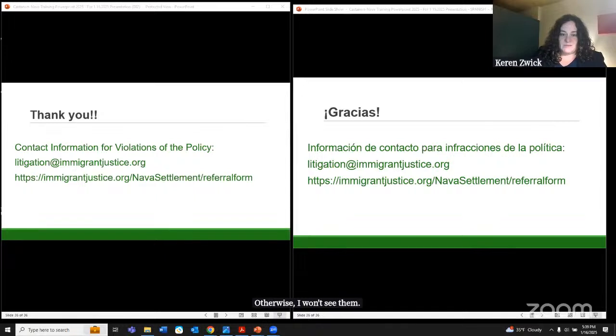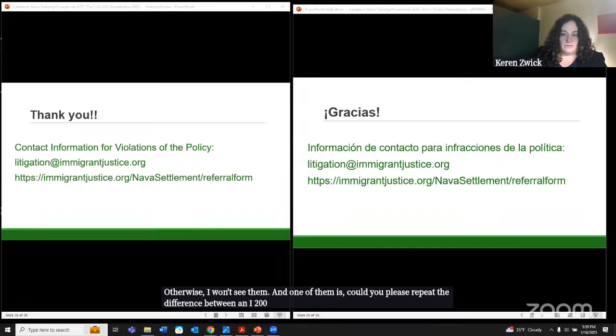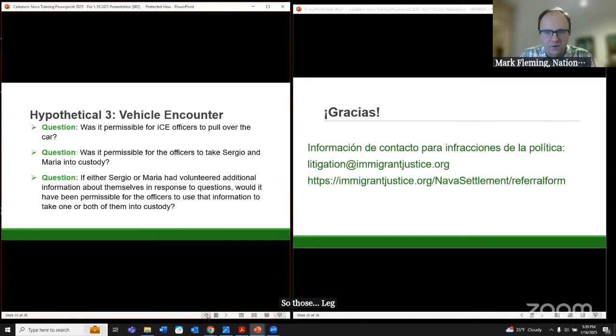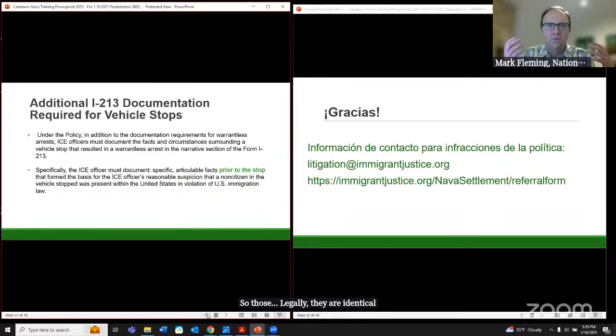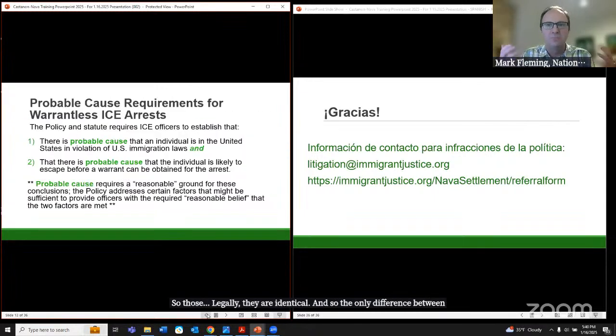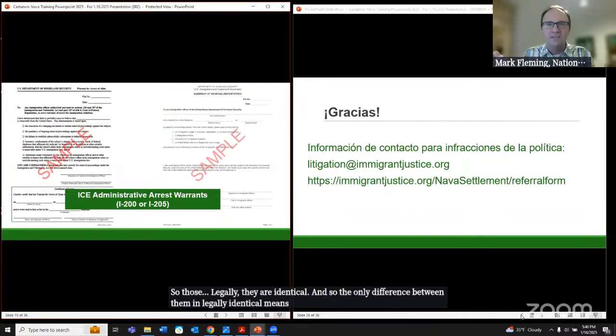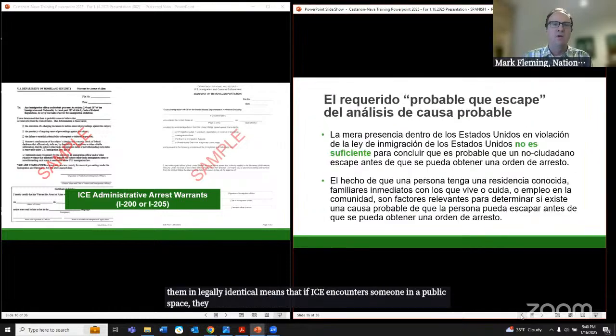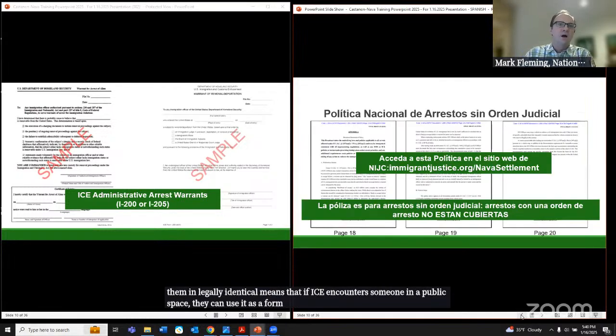And one of them is, could you please repeat the difference between an I-200 and an I-205? So legally they are identical. And legally identical means that if ICE encounters someone in a public space, they can use it as a form to make the arrest.